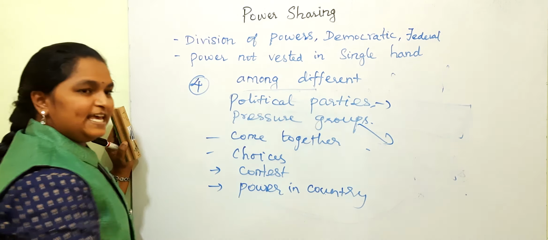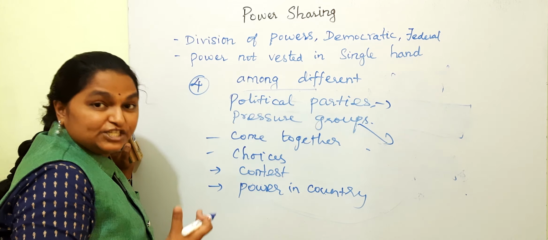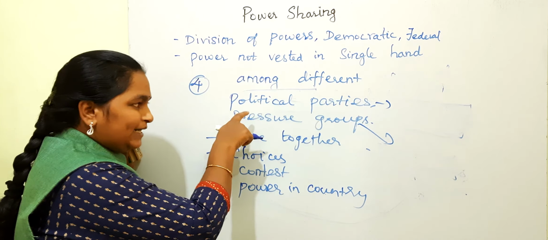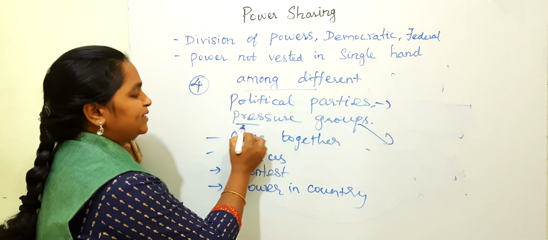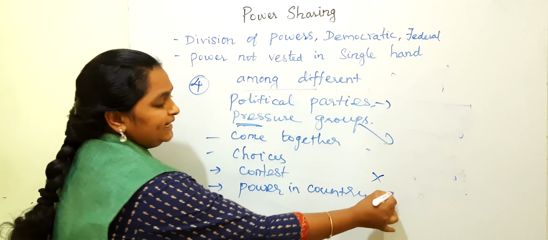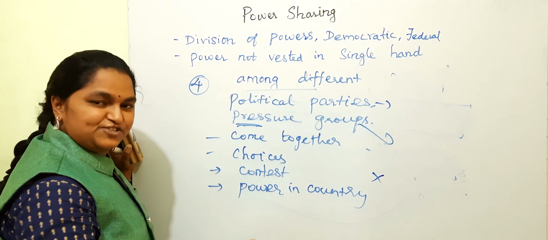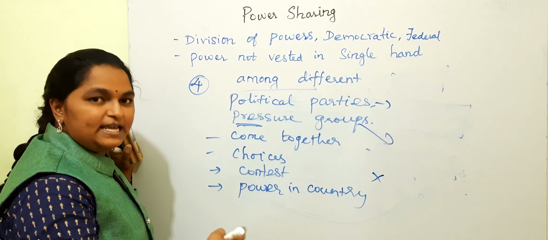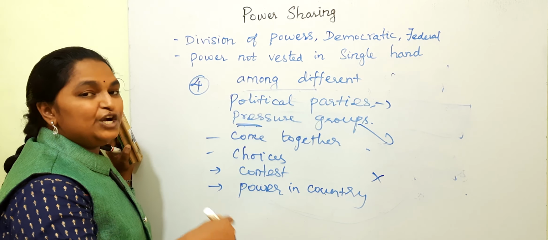Pressure groups are also groups of people who come together and form a pressure group. The main difference between a political party and a pressure group is that pressure groups do not contest in elections. They only pressure and influence the parliament or state legislative assembly to make a decision or make a law.